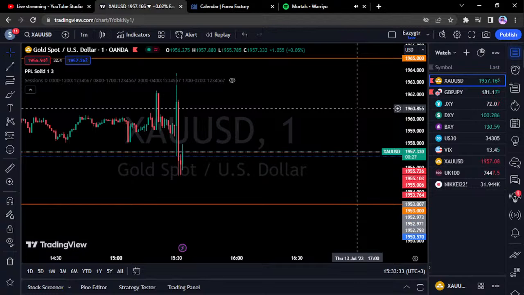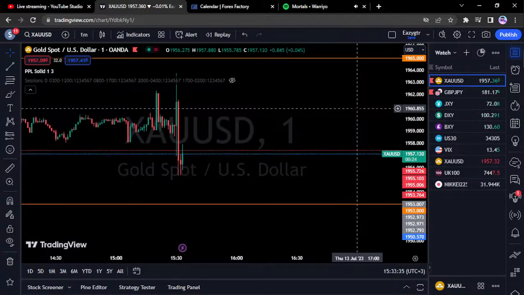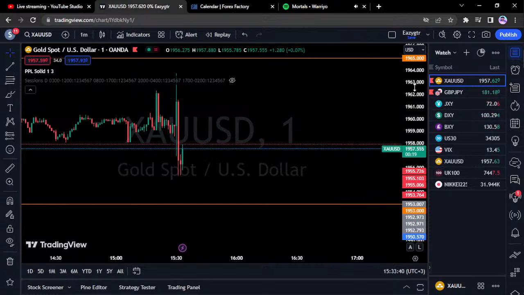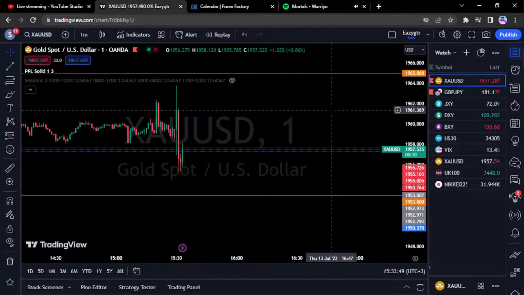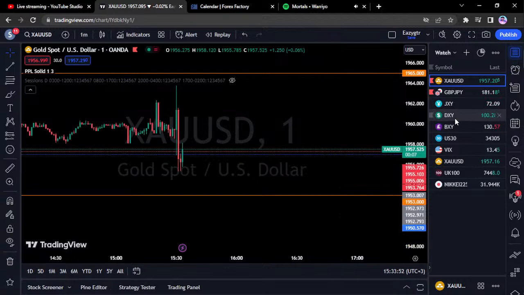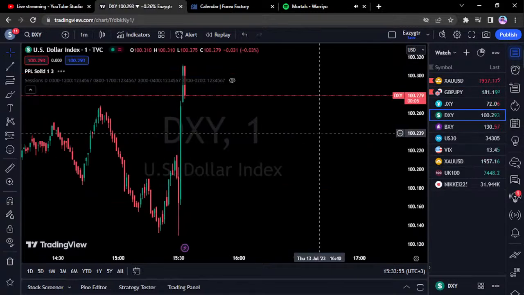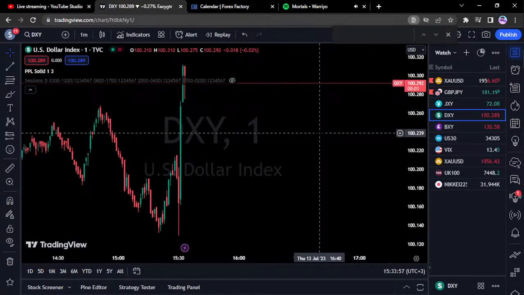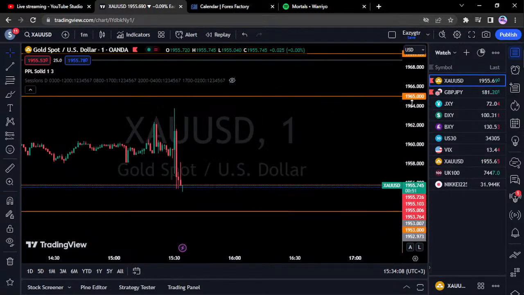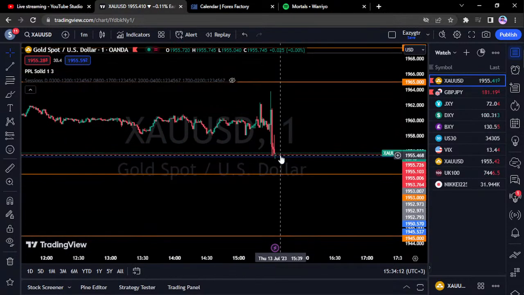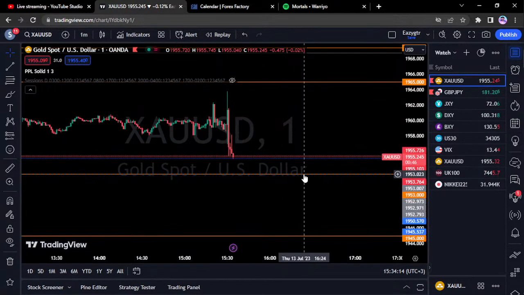I'm going to delete my orders and wait for price to set up and give me an entry. Sales on gold are validated. Let's just wait for a close below 1953 for our executions.